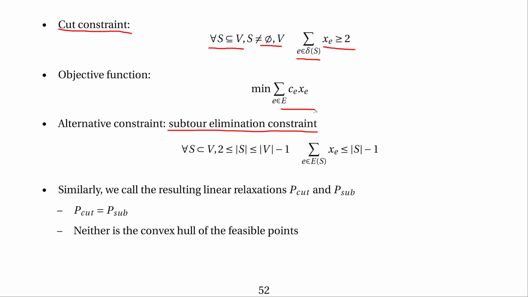Now let's look at the subtour elimination constraint. For all subsets of V that have at least two nodes and at most V minus one nodes, so we exclude the empty set, all sets with one node, and the complete node set V. For all such subsets, we would like the following to hold.